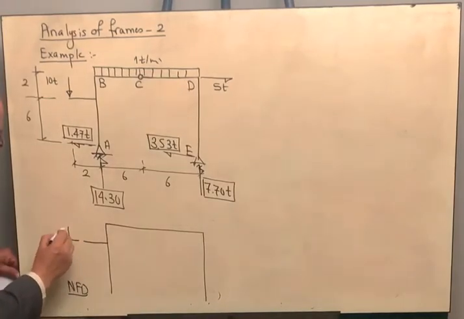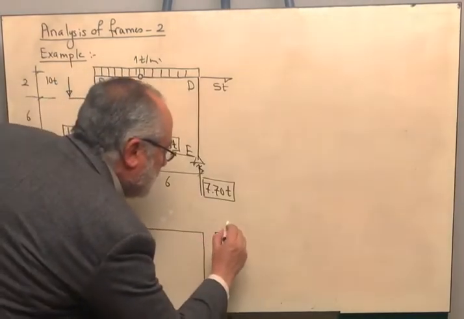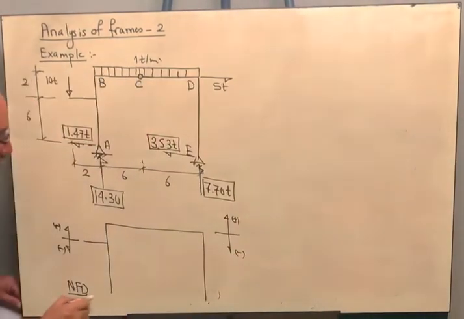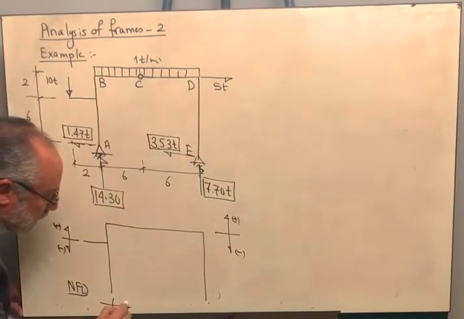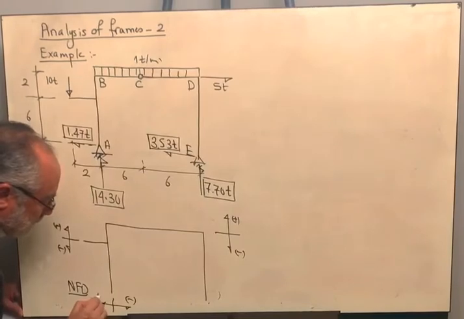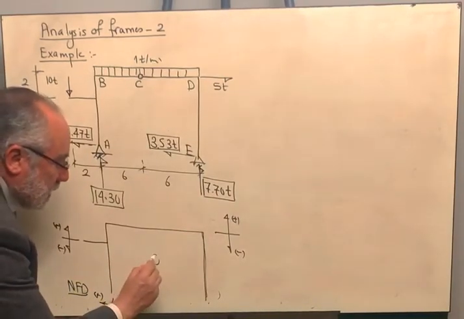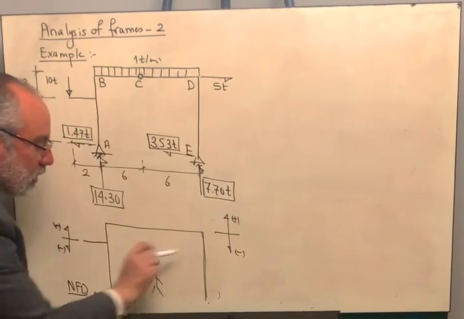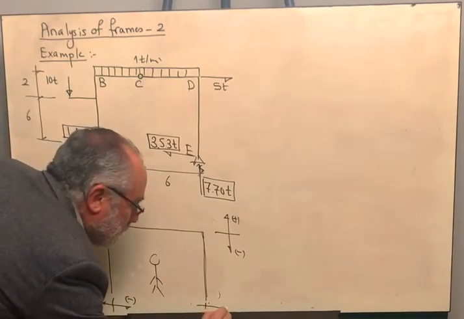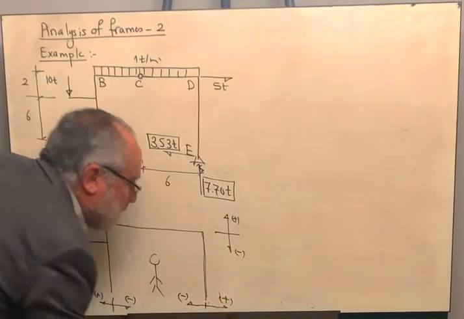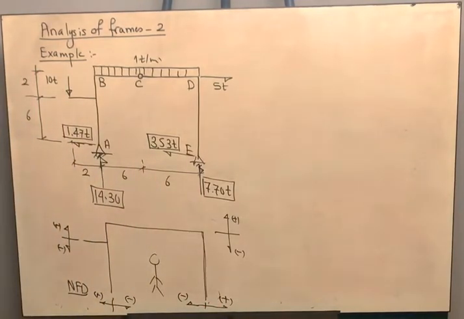So here we are having, this is the positive, and here the negative, and here the positive and the negative. Remember, we are standing under the frame, so the near side will be negative and the far side will be positive. And for this column, when we are standing here and looking in this direction, this will be the near side, which is negative, and the far side positive.